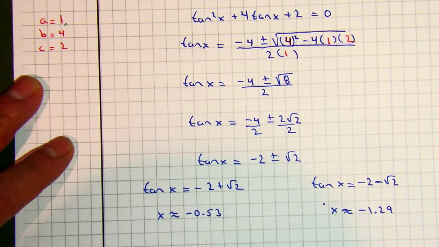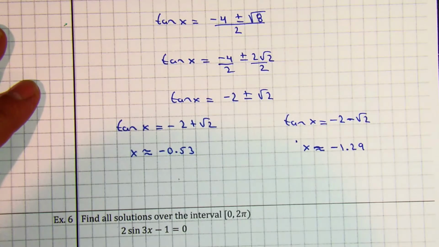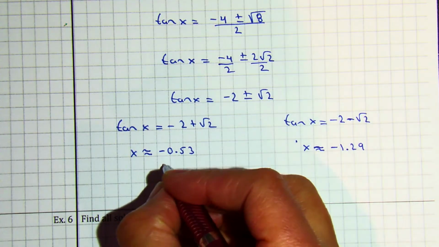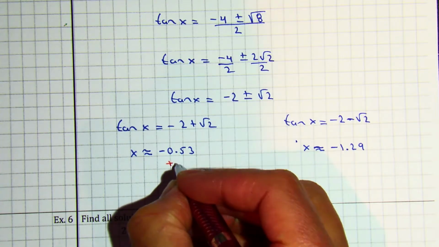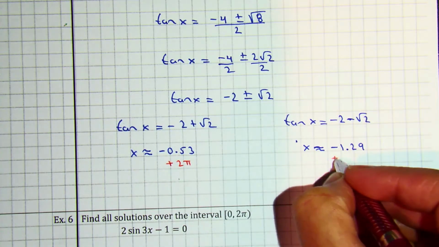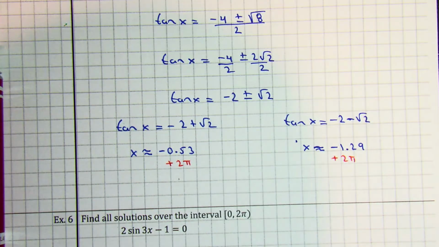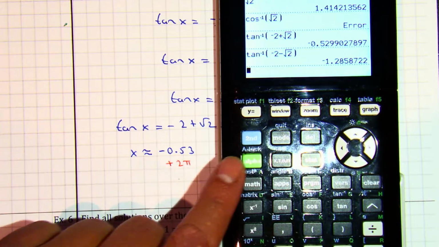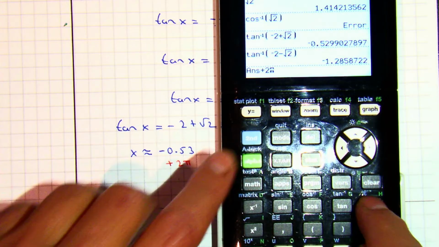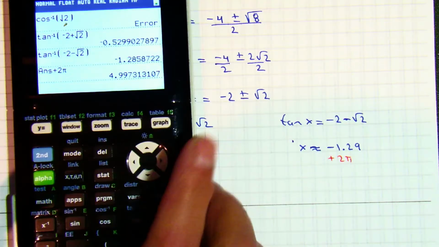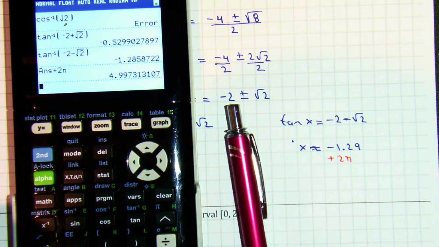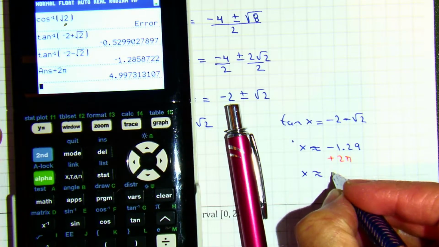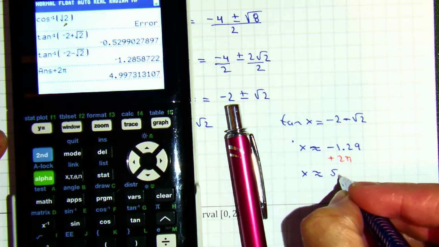Now, I want the positive version of those two angles. We can leave it as negative, but I prefer the positive version. So what should I do? I should add 360, so I'm just going to add 2 pi. So therefore, I'm going to add 2 pi, and I end up with 5 for this one here. So x is approximately 5.0.